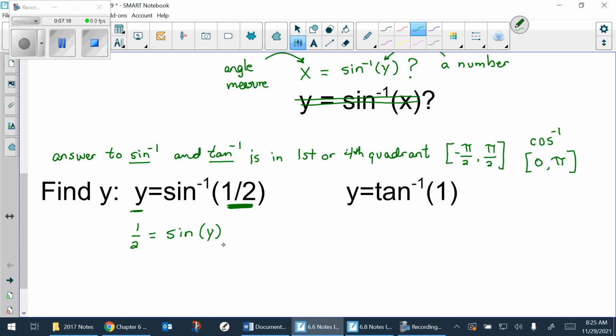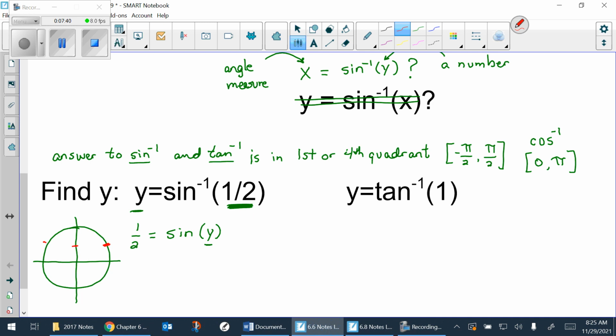Okay. Now, the sine of what angle is 1/2? I think of my unit circle. And as I think of my unit circle, I realize that sine is the y value. That occurs right here. That's where the sine is 1/2.